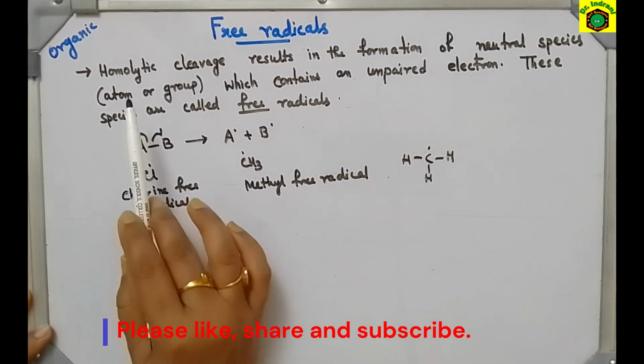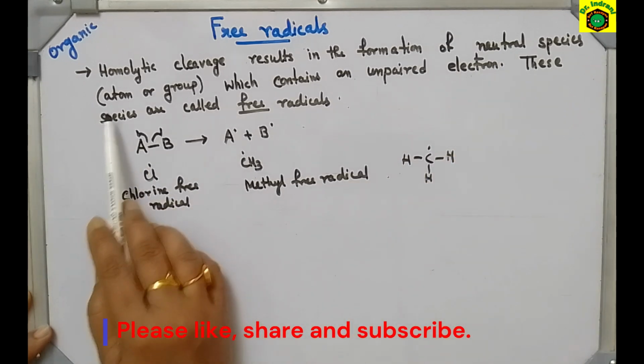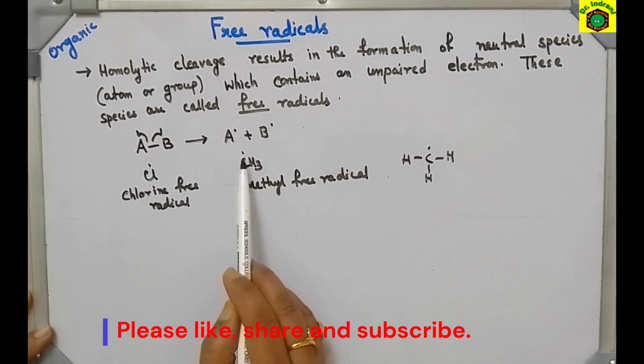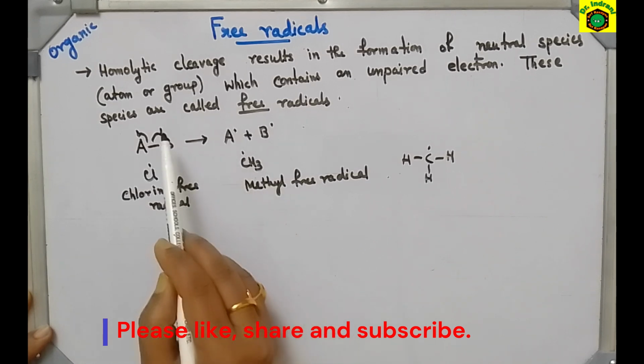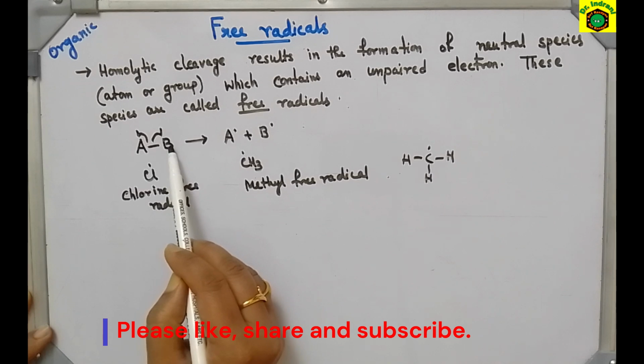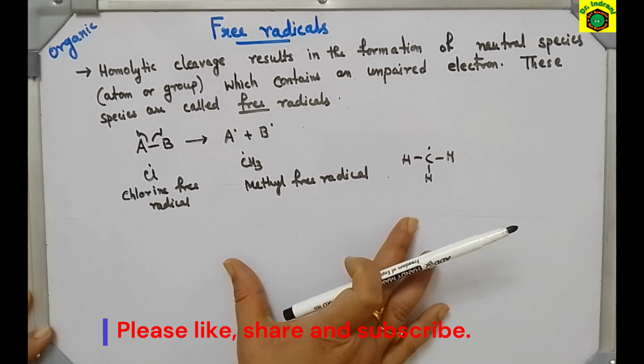So it is written homolytic cleavage results in the formation of neutral species. It may be atom or maybe group. This is group methyl group which contains an unpaired electron. It is having one unpaired electron because that shared pair of electron, how it is divided, one is gaining by B, another is gaining by A. These species are called free radicals.